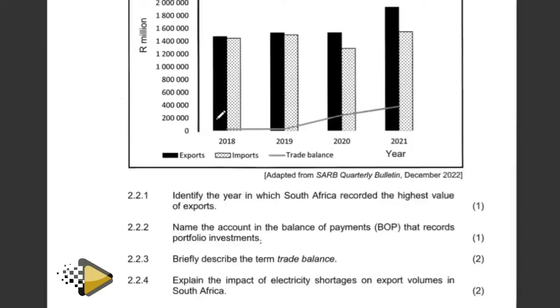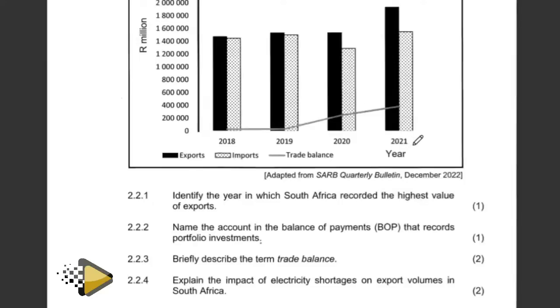So this represents our exports, and this represents our imports for 2018, and for 2019 we have the number of exports, as well as the number of imports. And then if we check for 2020, we have the exports there and the imports.